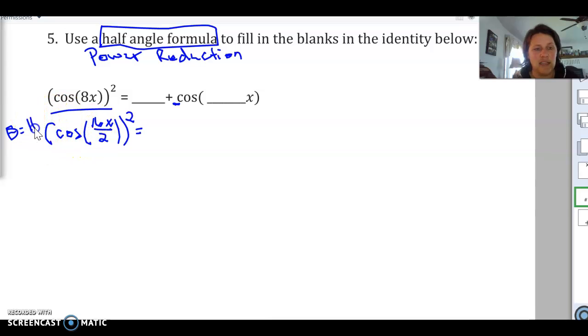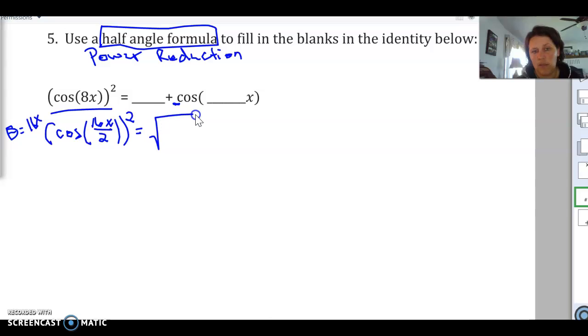Just looking on the inside, don't worry about the square. I know that's not in the formula, but we're going to work with that. We have cosine of 16x over 2. So therefore, theta is equal to 16x. Now we're going to use that theta when we go through our formula.